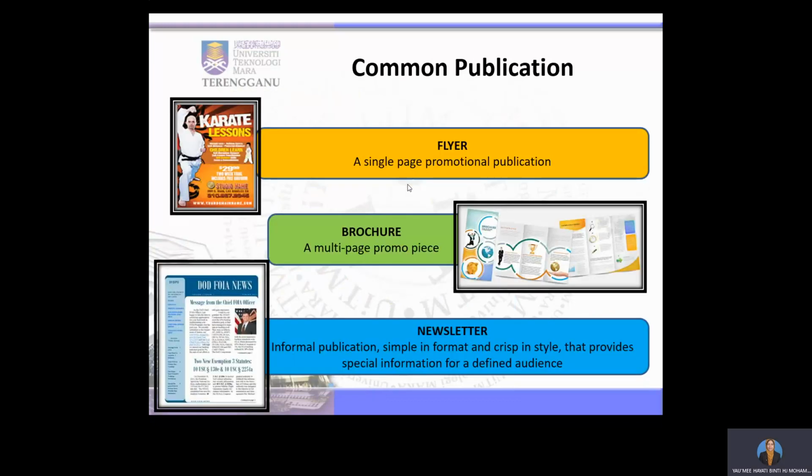In our topic, we only cover three kinds of publication, which are flyers, brochures, and newsletter. Flyers mean a single-page promotional publication. Brochures, a multi-page promo piece. And newsletters, an informal publication, simple in format, and crisp in style that provides special information for a defined audience.